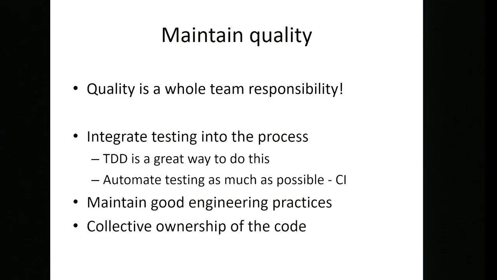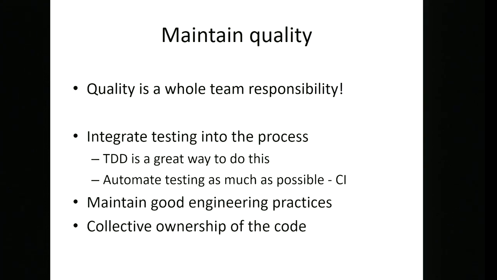A counter-example of collectively owning the code is that, for example, on a team, I would write all the database queries and all the code which interfaces with the database, and for example, Caroline could write all the code to draw the UI and that sort of thing.